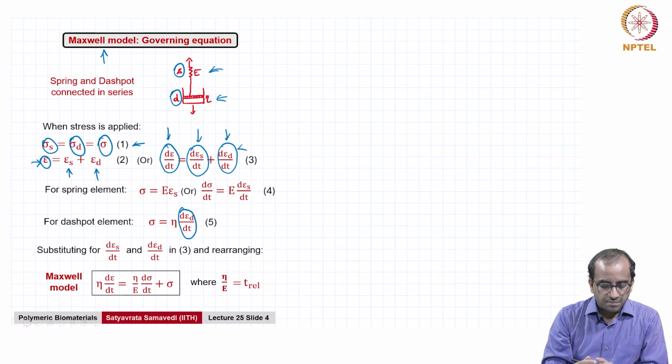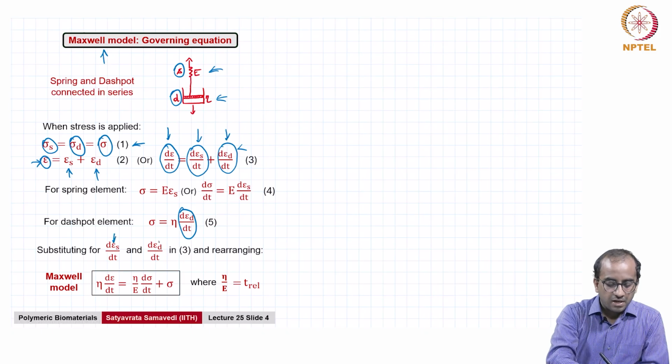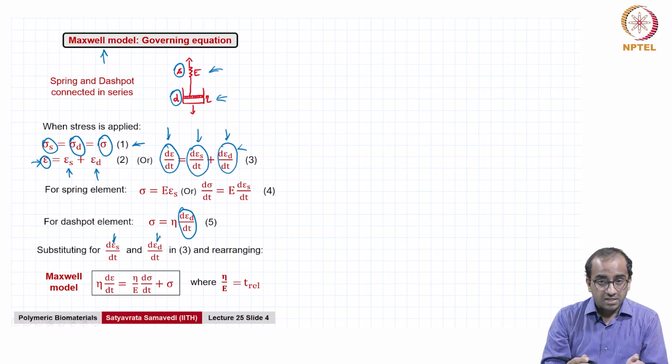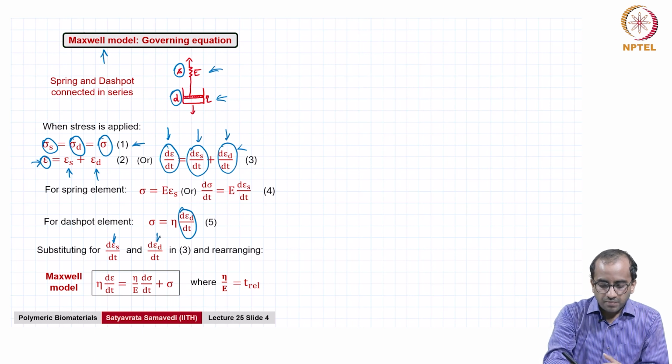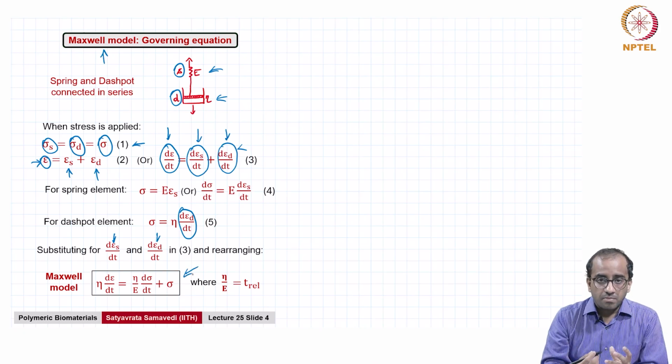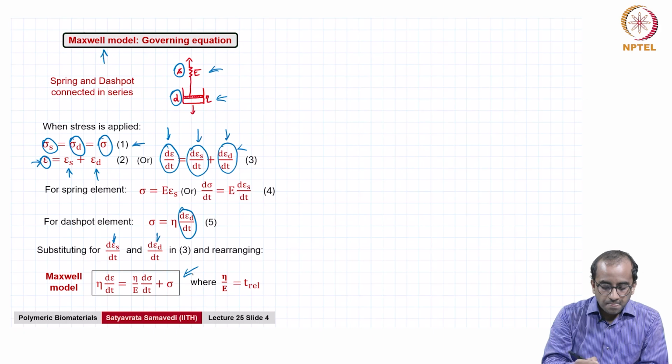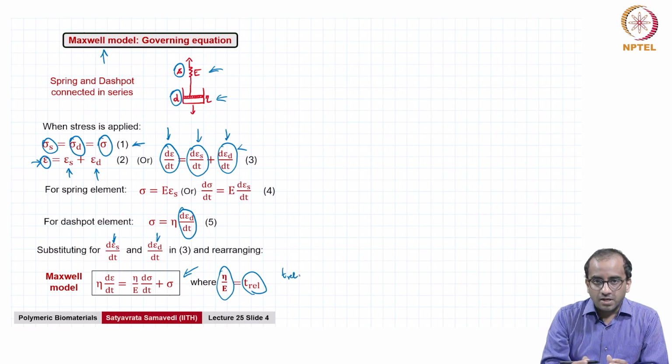That's going to give us the Maxwell model. So, if you substitute for d epsilon S over dt and d epsilon D over dt from 4 and 5 into equation 3 and you do a bit of rearranging, you will end up getting this equation, which is famously called the Maxwell model, where this eta over E, we are referring to it as the relaxation time scale or T-rel.